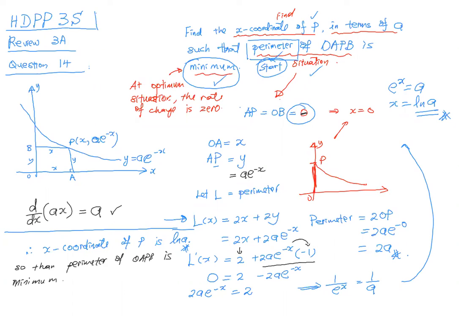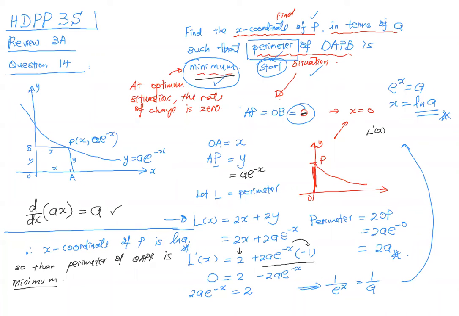I still give you 4 marks. Where is your evidence to say it's a minimum? This is because the question says so. Do you have to use a sign diagram to prove it? Sign diagram of the rate of change function. So you tell me how to draw the sign diagram of f prime x.